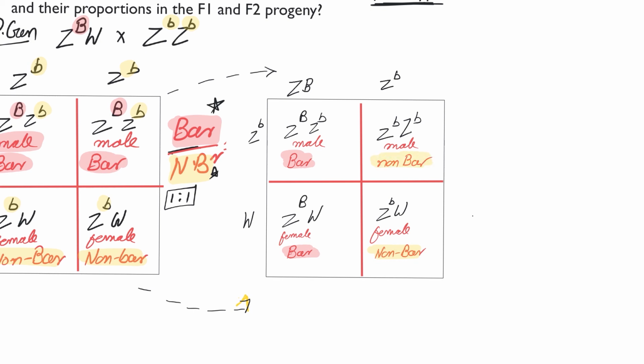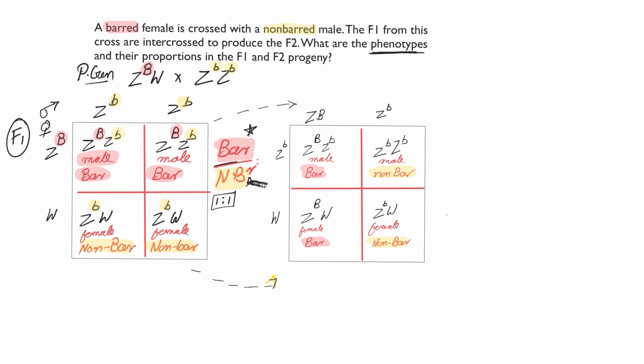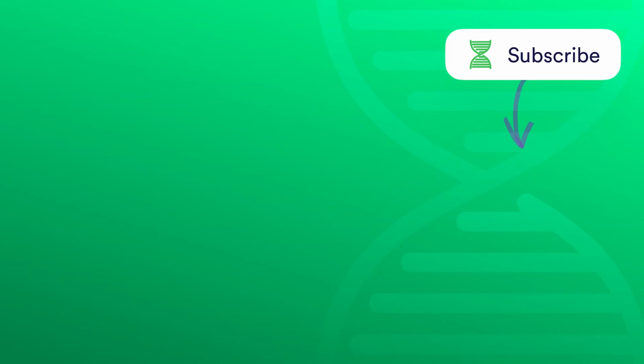So again, if you are asked to write about the phenotypes, what are the phenotypic ratios that you find? You have 50% bar and 50% non-bar, right? So what is the ratio again? 1:1. We hope this video was helpful.